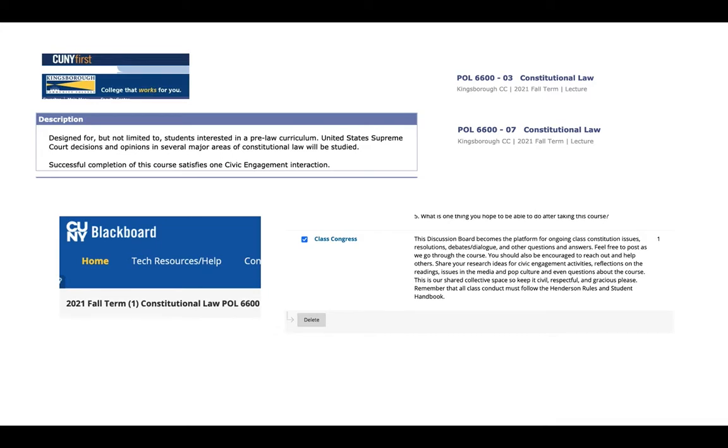You may not have known that, and so this is why I'm giving you this information now, assuming that your advisor or the Justice Academy people or whoever else you talk to did not give you this information.